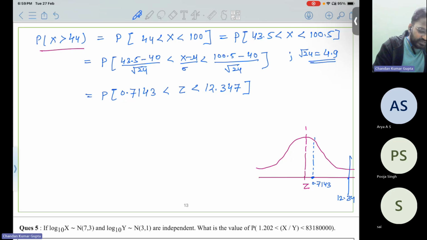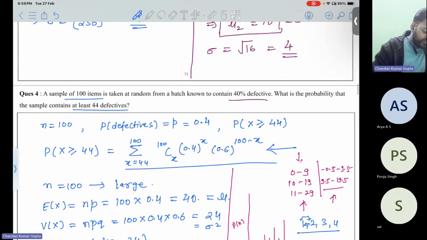You know that half of the probability lies here, first thing, and in that half of the probability, we need to calculate only this probability. Here we have already told you.